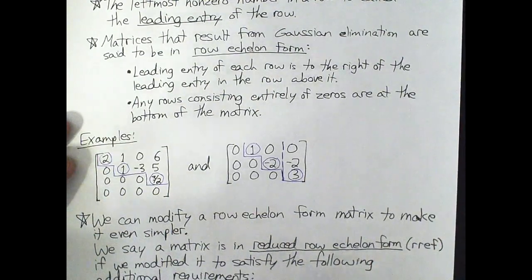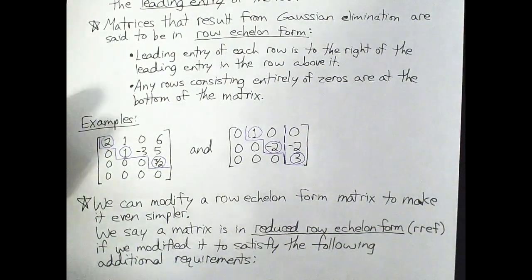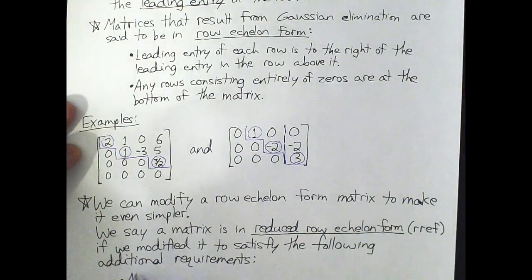The two above are for being in row echelon form. There's two additional requirements for us to call it reduced. Okay? First one, all leading entries are 1.